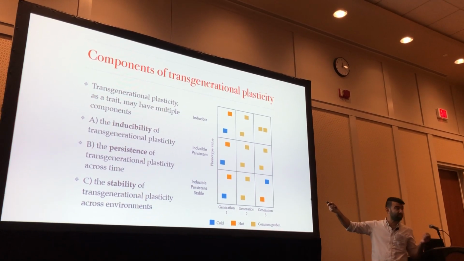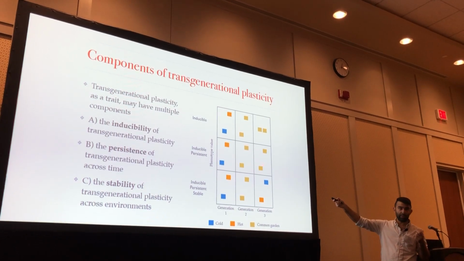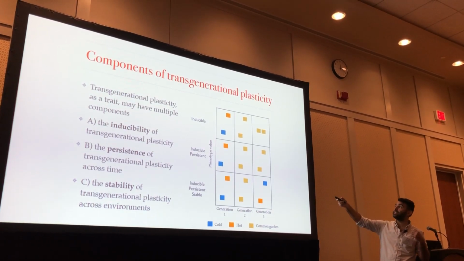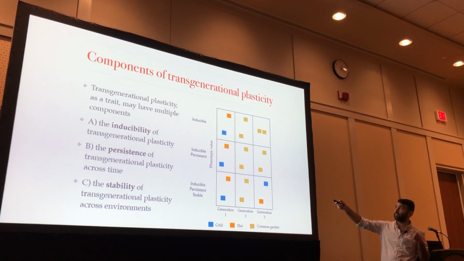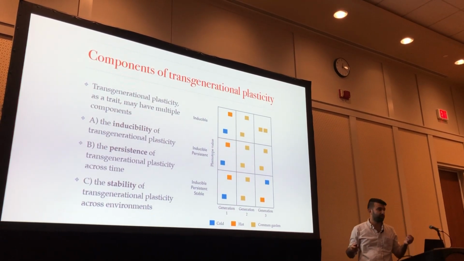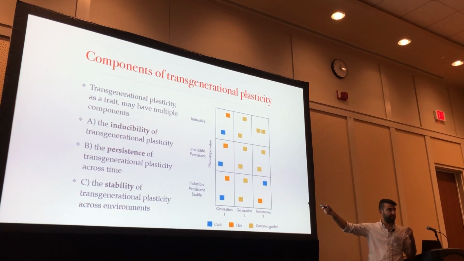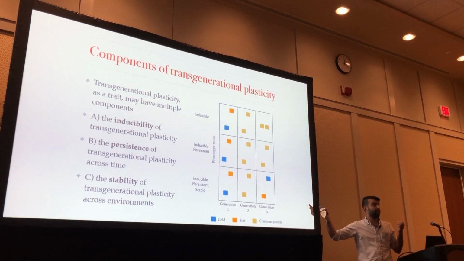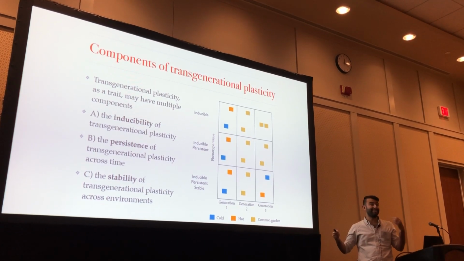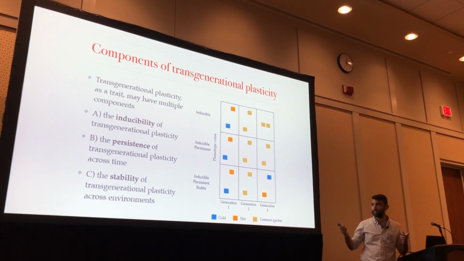But whether it's persistent or not actually depends on whether it lasts until the third generation. So we wanted to assess one more generation, and then if we see the induction of transgenerational plasticity that lasts, it's both inducible and persistent. And then if it also survives, even when we expose the offspring to new environmental conditions, we might also think about it as being environmentally stable as well. So we tested each of these components independently because we could with them.